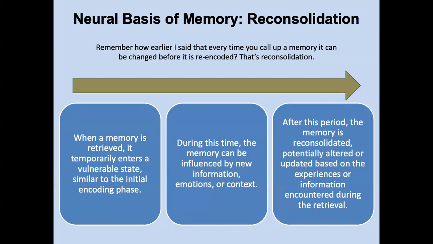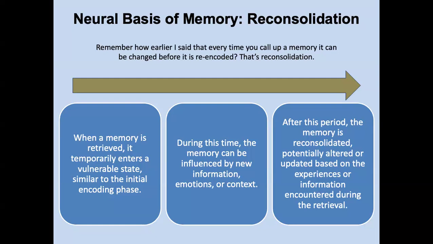Okay. So reconsolidation. You remember how I said, I've said it like 3 times now, every time you call up a memory, it can be changed before it's re-encoded. So the word for that is reconsolidation. When you retrieve a memory, it temporarily enters a vulnerable state where it can be modified and dealt with.